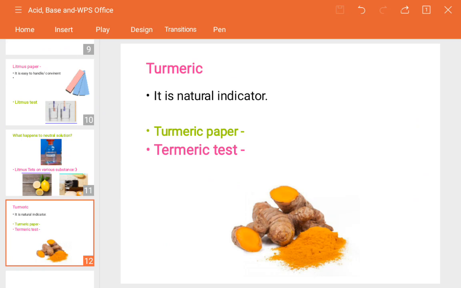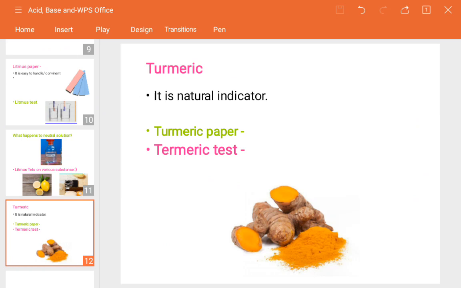Got it? If you dip the turmeric paper into the acidic solution, it will remain yellow, because the turmeric paper has already become yellowish. Now the second one: if you dip that turmeric paper into a basic solution or a soap solution, it will change into a dark red color.